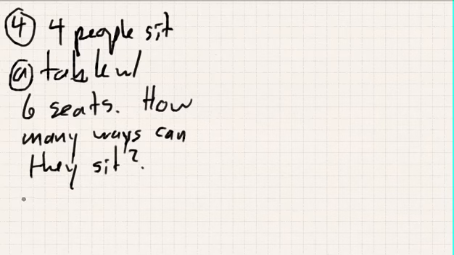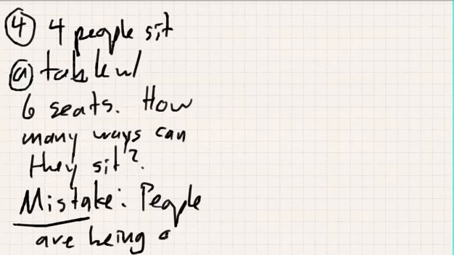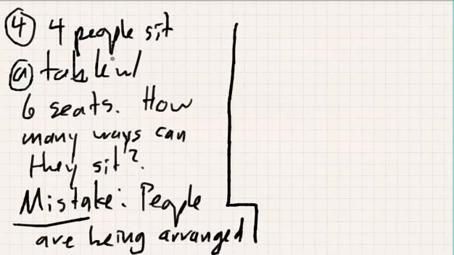Well, a common mistake here is to say what is being arranged or what is being chosen. The people are being arranged. It's true that the people are being arranged, but it's not like they're being arranged 1, 2, 3, 4.